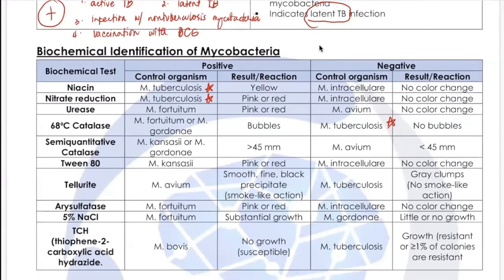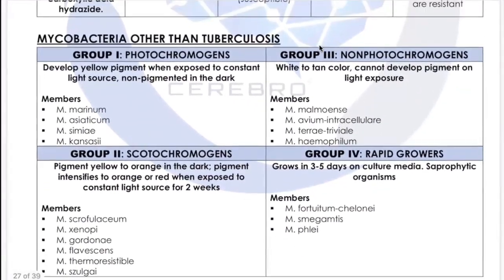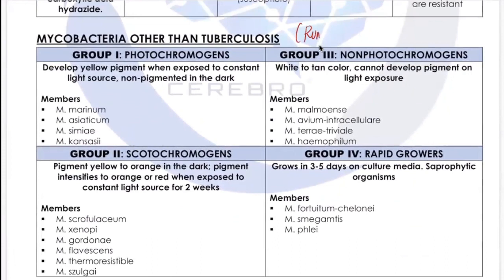Now let us proceed to mycobacteria other than tuberculosis. This is the Runyon classification. Okay, so dito naka-classify siya based on whether it is a slow or rapid grower. So ito yung mga rapid growers natin. Then after classification whether it is a slow or rapid grower, iki-classify mo siya based on its pigmentation. Okay?